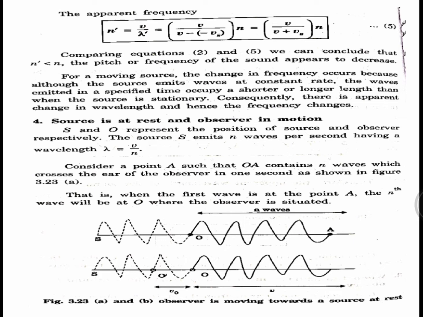By comparing equation 2 and 5, we can conclude that N dash is less than N. It means the pitch or frequency of the sound appears to decrease.